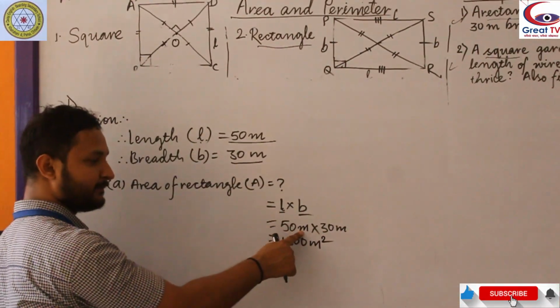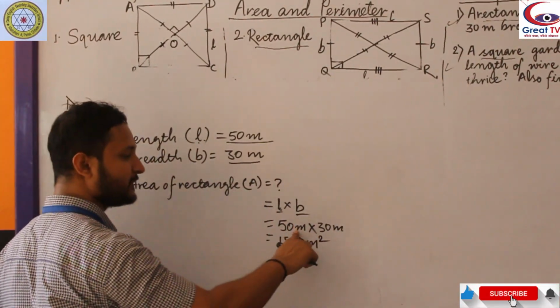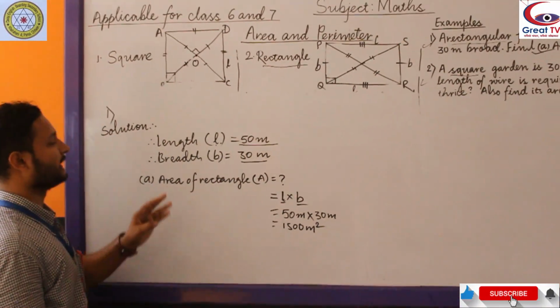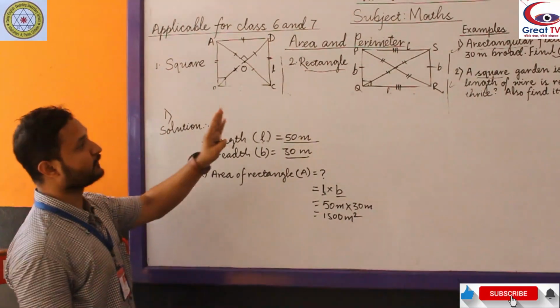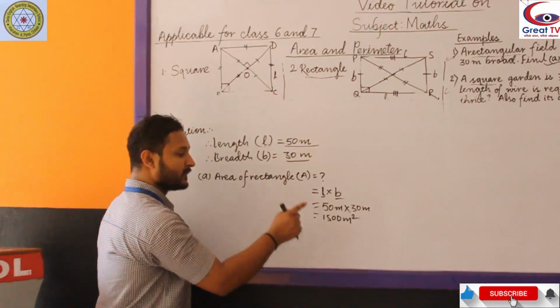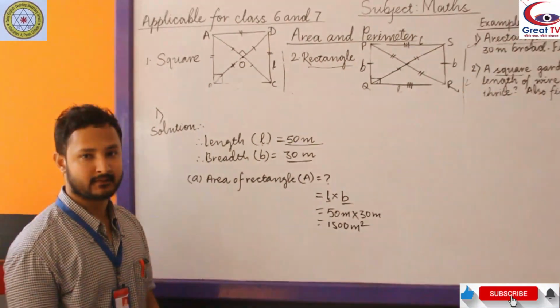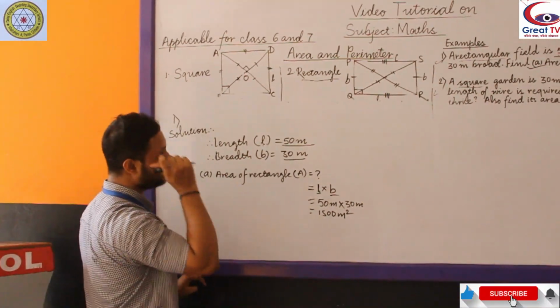There is also meter. When meter is multiplied with meter, we get meter square. So the area of this rectangular field is 1500 meter square. So let's go to question B.